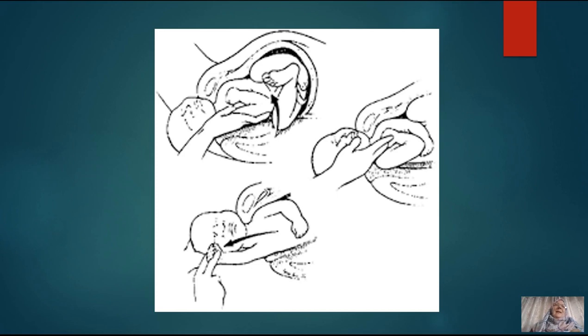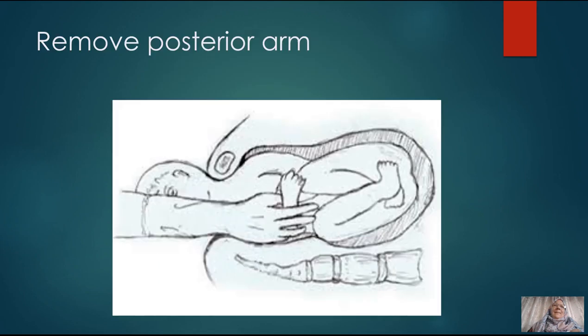So here is another, here you can see how the hand will go in. You will feel for the elbow, you will flex the arm in the antecubital fossa, grab the hand and deliver the arm that way.